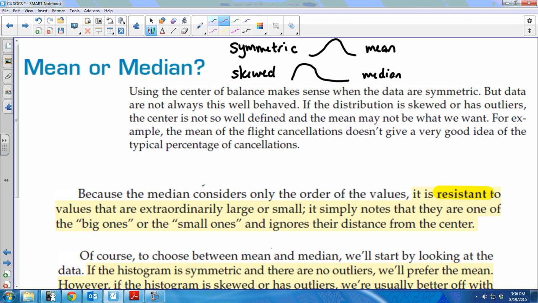So if there's skewness, then any of those outliers and the things in the tail are going to affect the calculation of the mean. So you want to use the median instead. We say that the median is resistant to outliers, all right? Because we're not looking for a specific average or anything. We're just finding the actual center of the data set. So we say it's resistant. So symmetric will be mean, skewed will be median, okay?